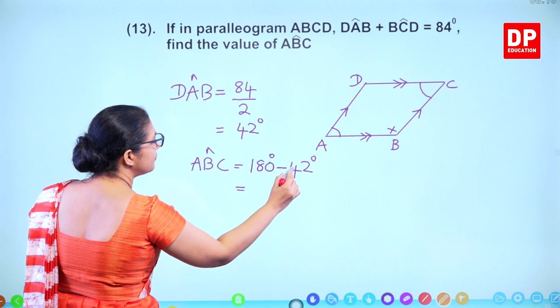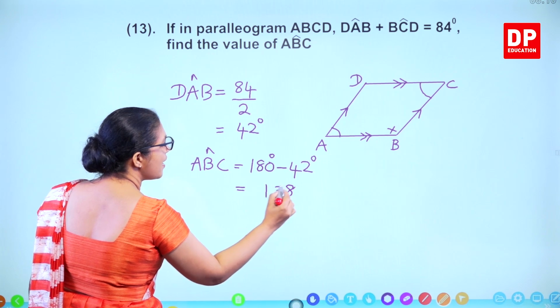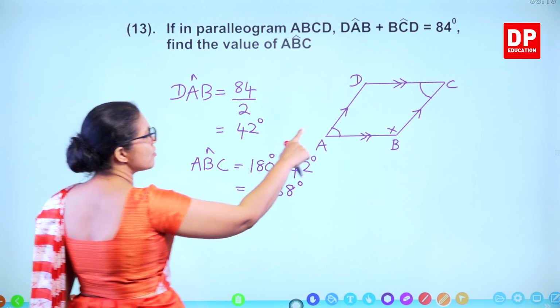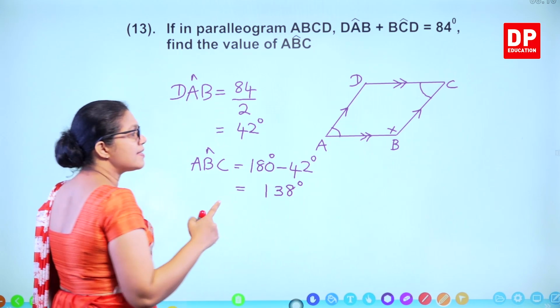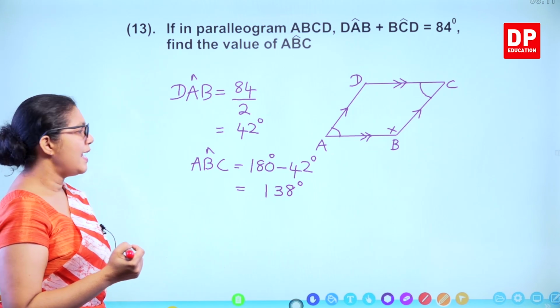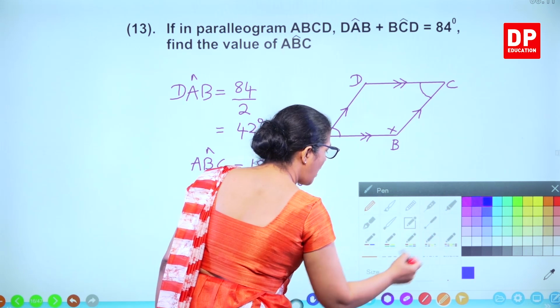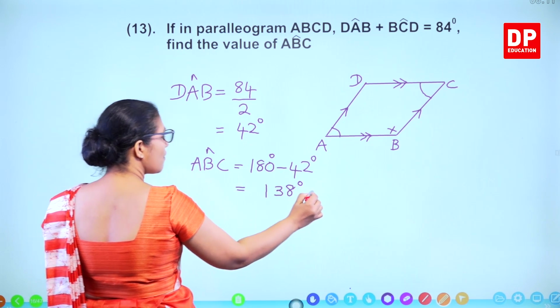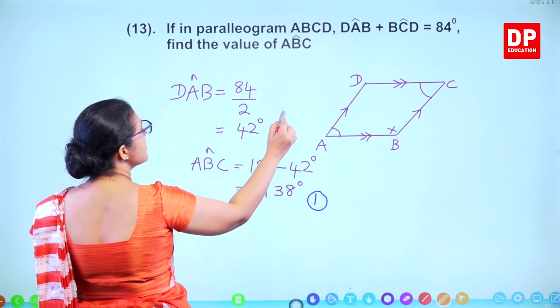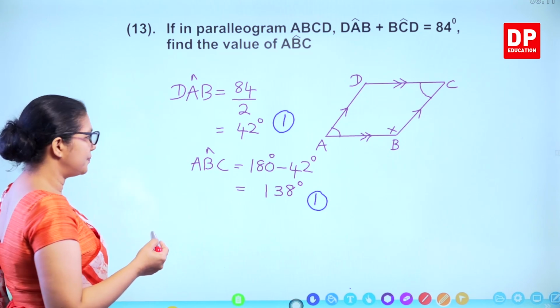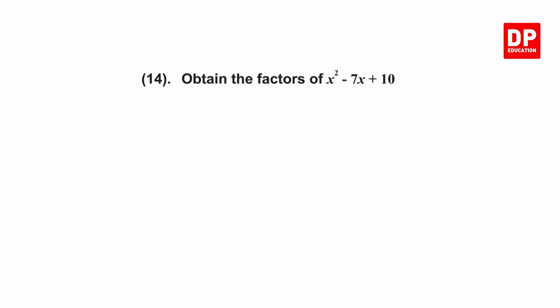So 138 degrees. So because of allied angles add up to 180. So how you get marks there? Only 2 marks. 1 mark definitely for the answer and the method. You get 1 mark.